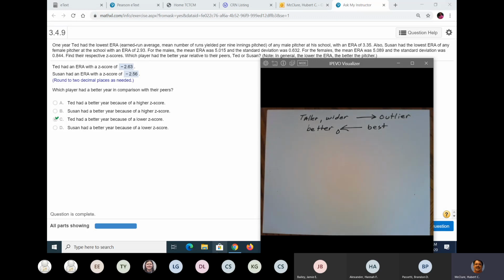This one says Ted had the lowest ERA of 3.35. And Susan had 2.93.